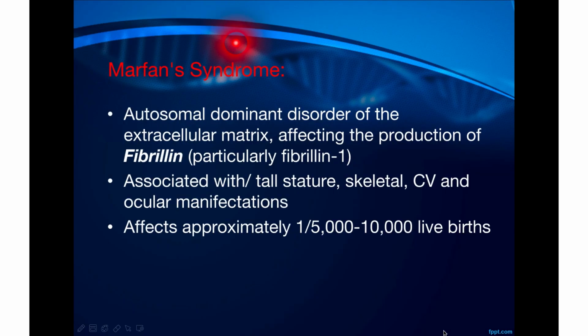Marfan's syndrome is an autosomal dominant disorder of the extracellular matrix affecting the production of fibrillin, particularly fibrillin 1. This is a genetic mutation of the gene that codes for fibrillin.